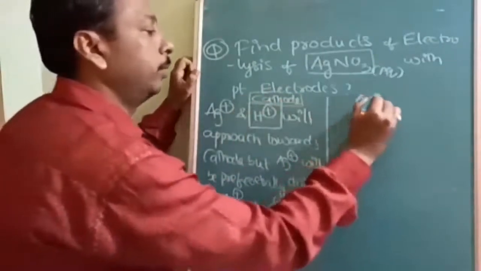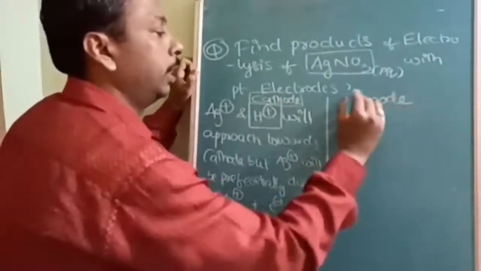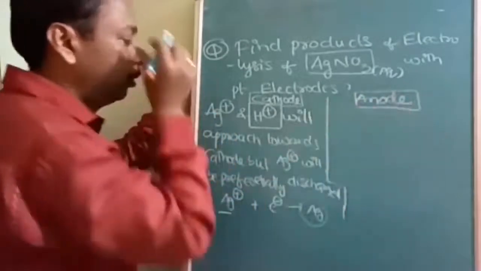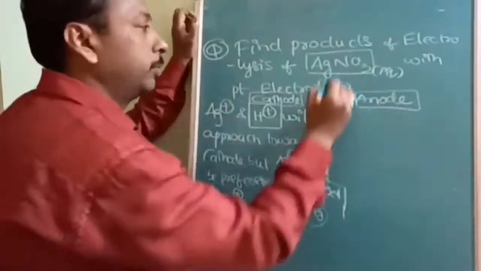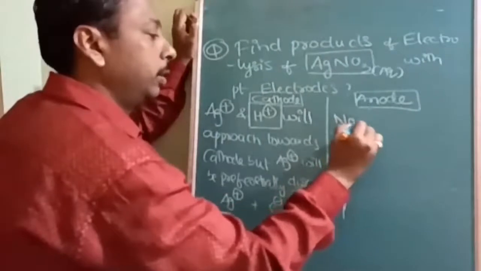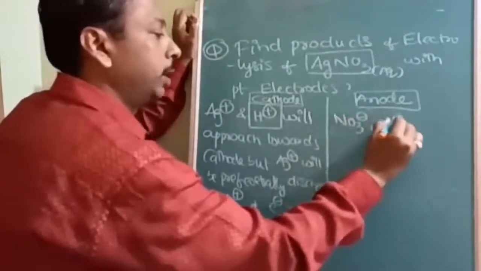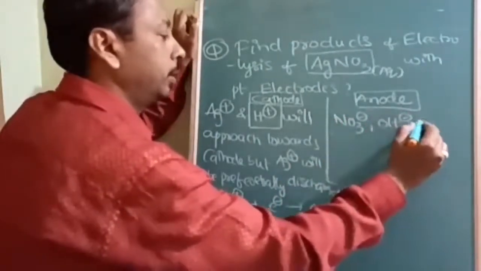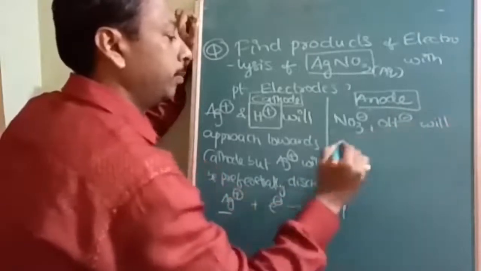Next, I am writing the reaction at the anode. At the anode also, two ions will approach: NO3 minus from the salt and OH minus from the water.